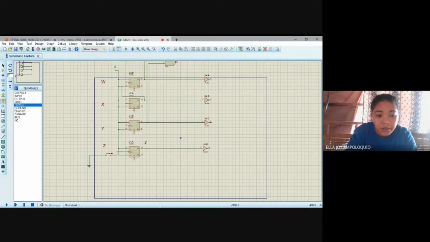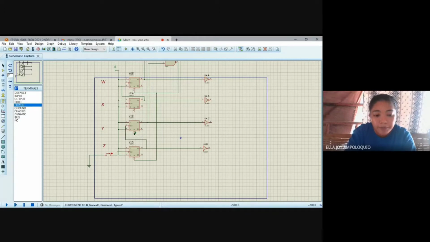Then this one will be connected to here. Here, then this one will be connected here. Then this one will be connected also here.